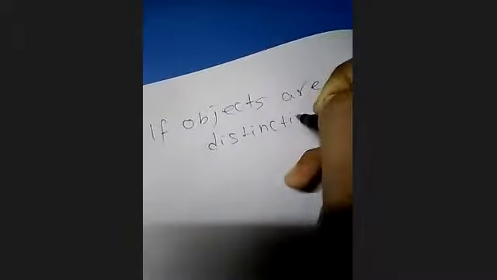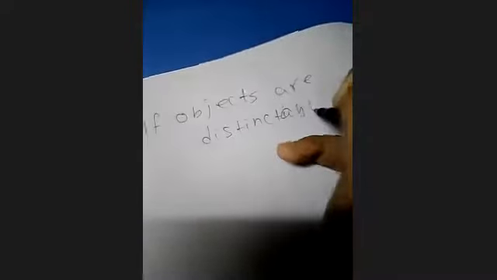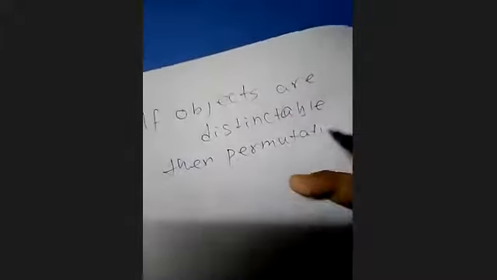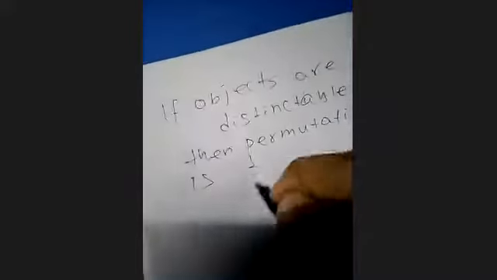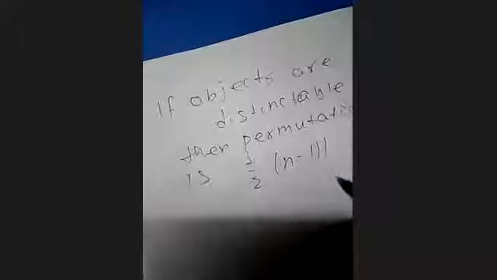So let me write the statement. If objects are distinguishable, then permutation is 1/2 times (n-1) whole factorial.